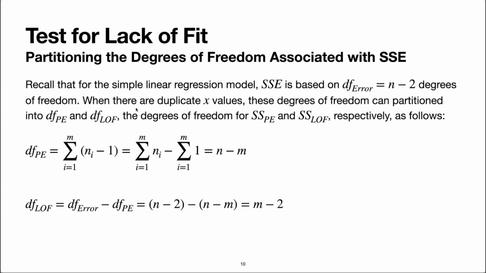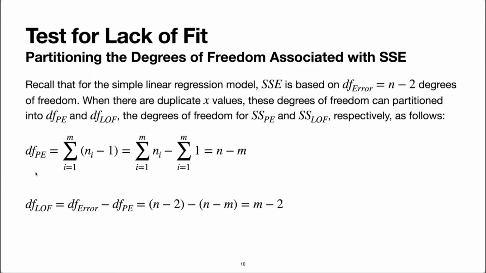Now, when there are duplicate x values, these degrees of freedom can be partitioned, just like the sum of squares can be partitioned into the sum of squares for pure error and the sum of squares for lack of fit. The degrees of freedom for error can be partitioned into the degrees of freedom for pure error and the degrees of freedom for lack of fit.